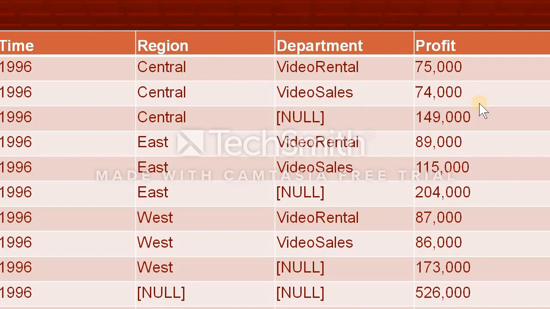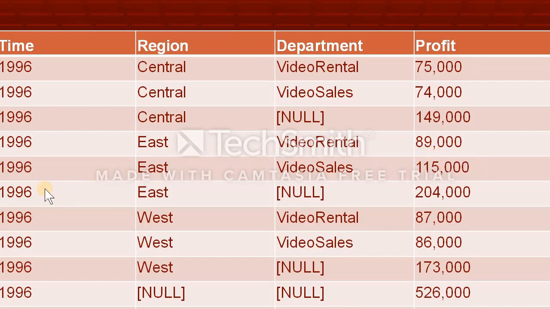Now in the next three rows we will discuss the region east, and the profit of each department inside east region in year 1996. So in 1996 in east region, video rental department got this number of profit. In year 1996 again in east region, video sales department had this number of profit.